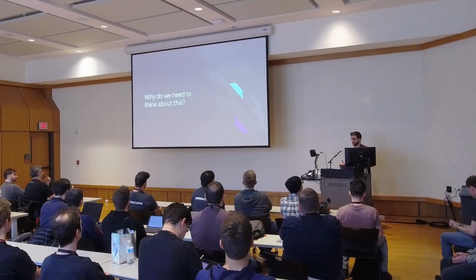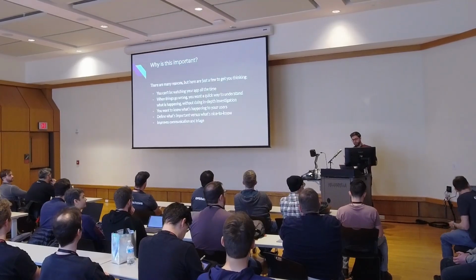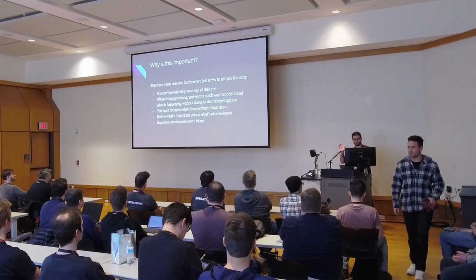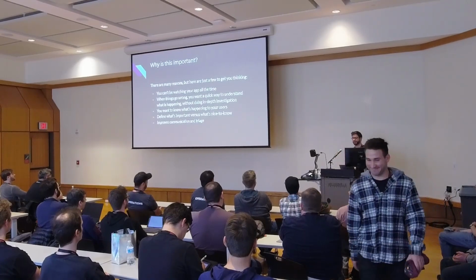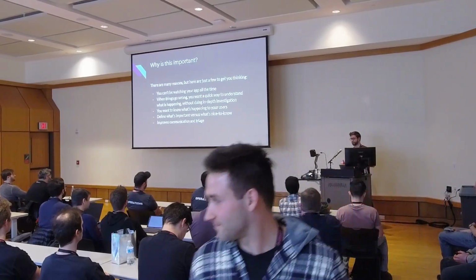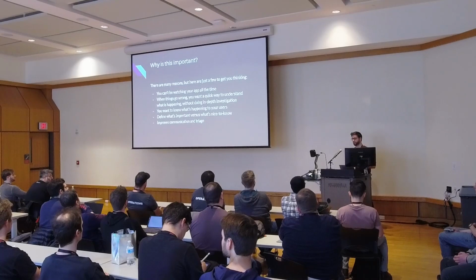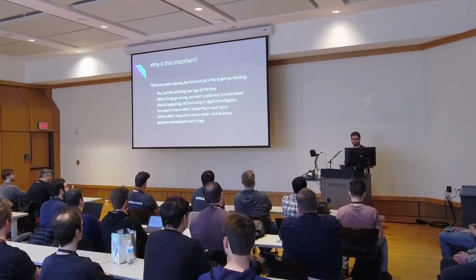So why do we need to think about this? There's a lot of reasons, right? And I do this for a living and have for a while. I could talk about just this slide for a whole hour. But to give you the high level summary, when things go wrong, you want a quick way to know what's going on, and you want to be able to tell the circumstances under which this particular application went wrong.